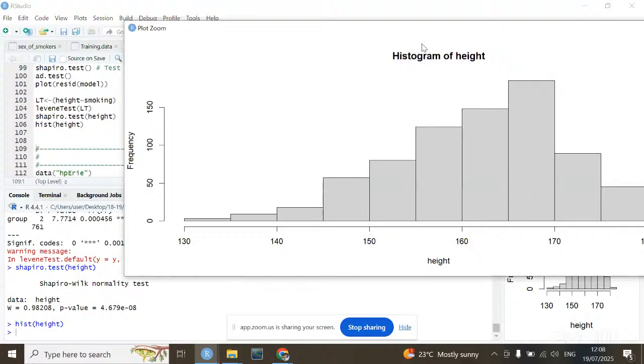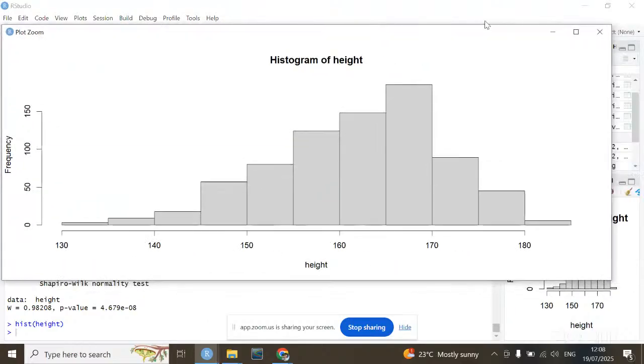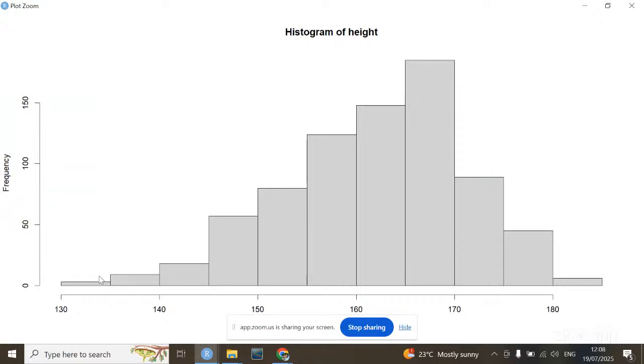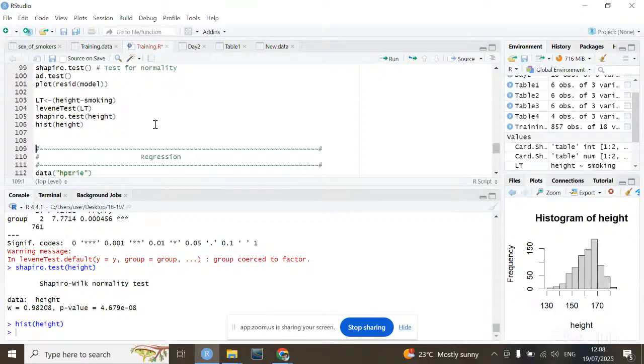So this is how it looks, and this one is skewed if we draw the distribution line. So this is our histogram. But the formal test is normally the Shapiro test, though you could use a histogram to tell you the same thing. The Shapiro test will give you the p-value.